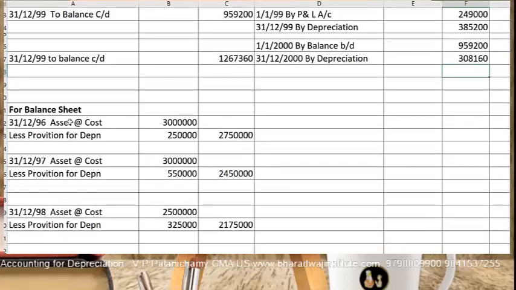So for balance sheet, whatever is the asset balance minus depreciation balance. Asset balance every year, then closing balance accumulated depreciation, it will be reduced and it will be shown in the balance sheet.